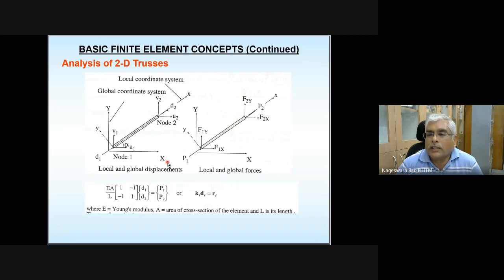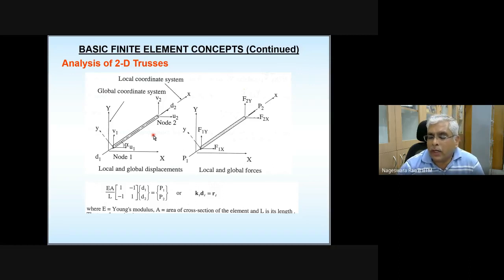It's coordinate transformation. Once you know the angle which this small x-axis makes with the global capital X-axis, you can easily write that relation. Please recall that.